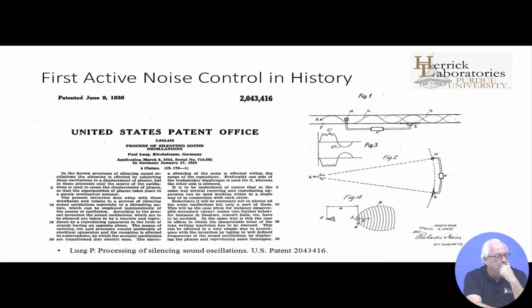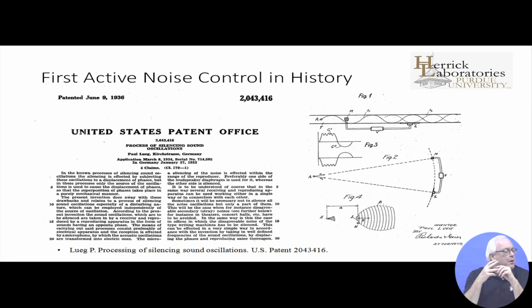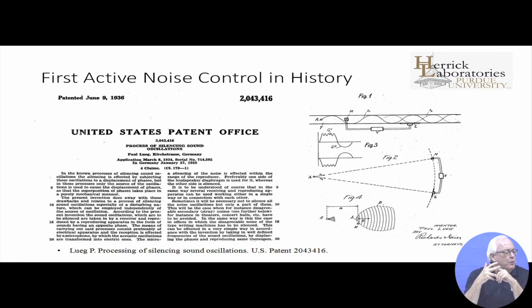The first patent, actually, which people universally acknowledge, is this one by Paul Lueg from 1936, which shows a one-dimensional active control system in which a wave is propagating along this duct here.